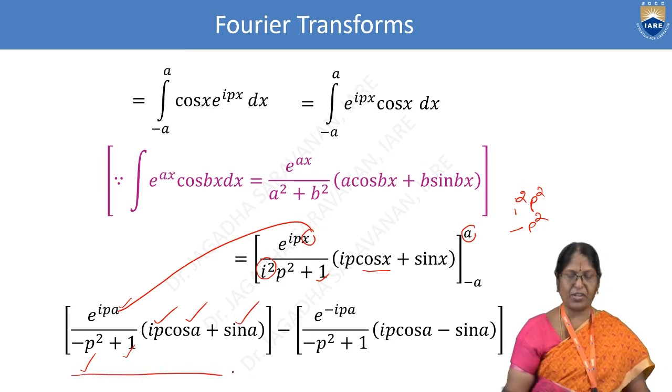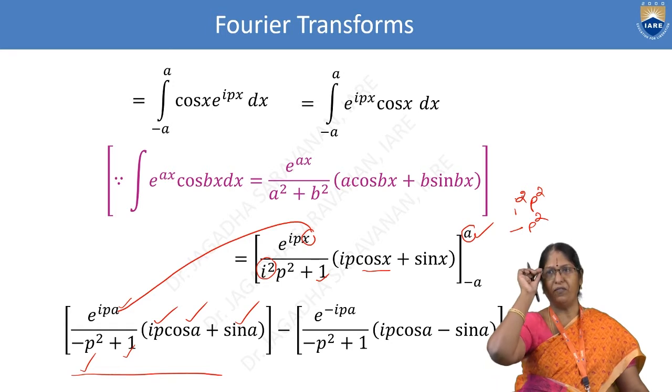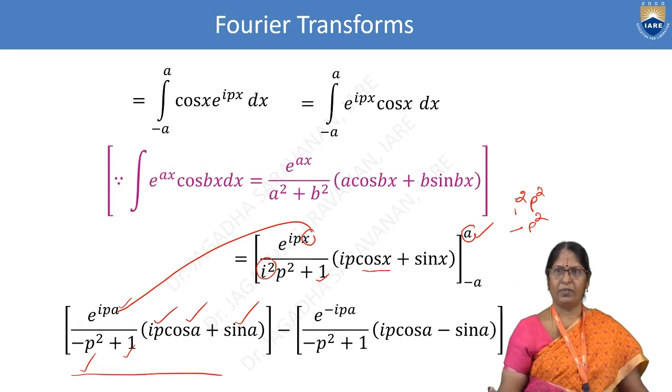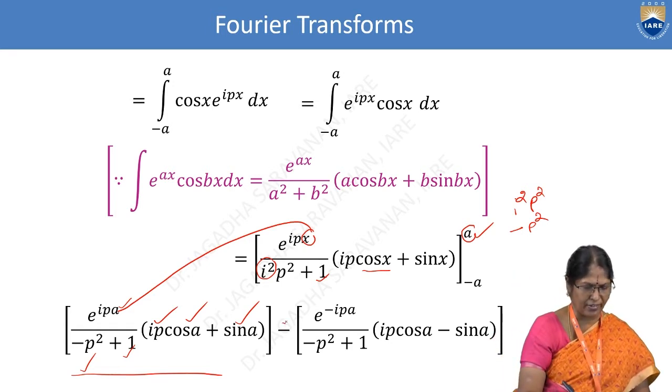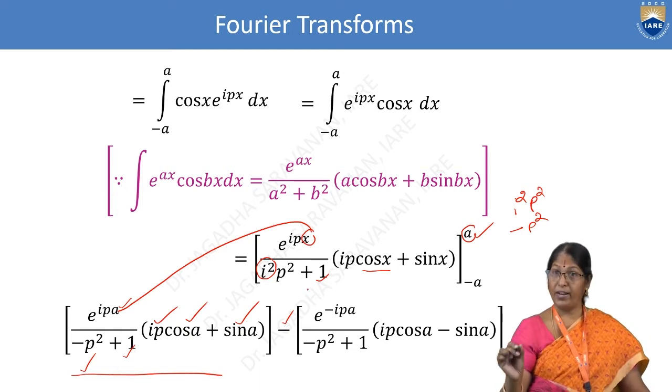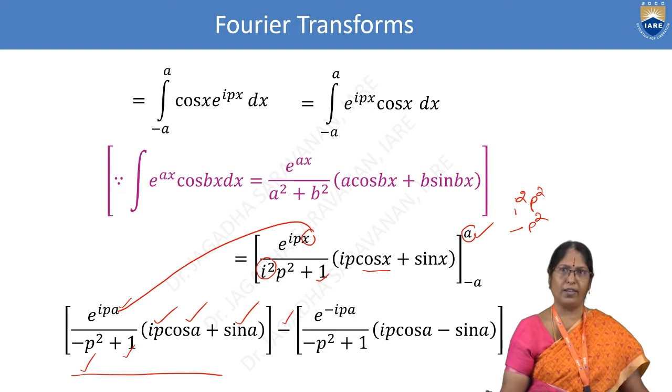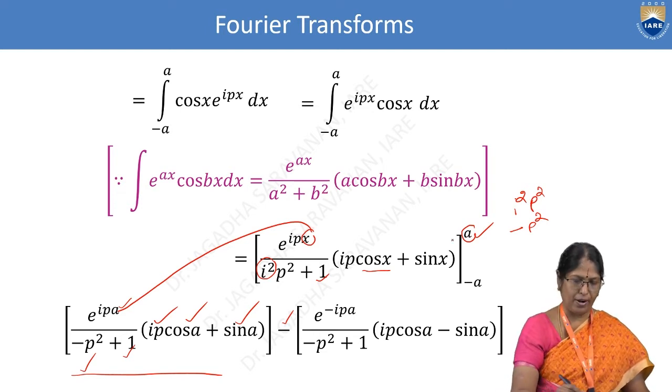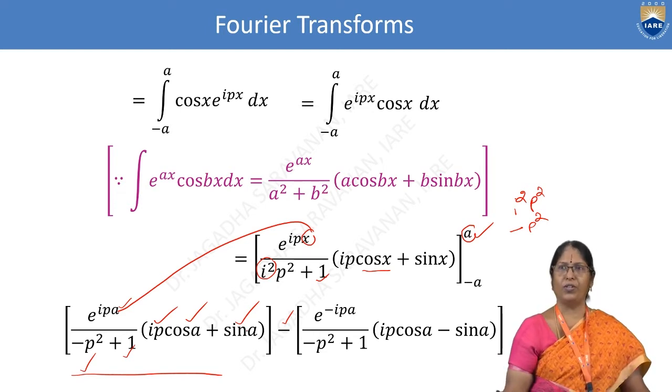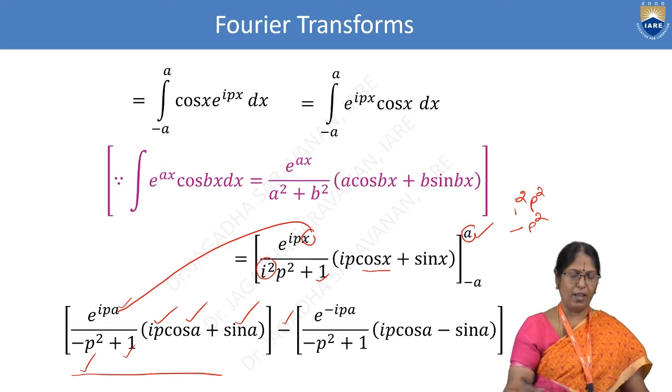We completed the upper one, that is a. Here one minus sign is there. This minus sign is related to the formula minus sign. That is, the upper a value is substituted in the place of x, minus the lower one.